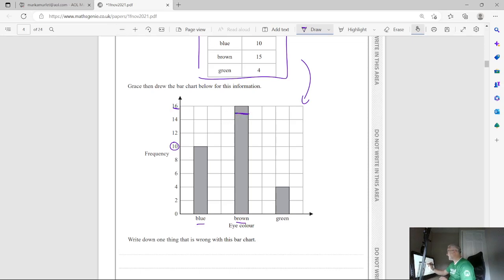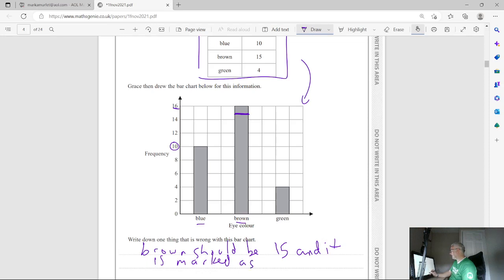So we could say brown should be 15, and it is marked as 16 on the graph. It only wants one thing. I found my one thing. I'm just going to check green.